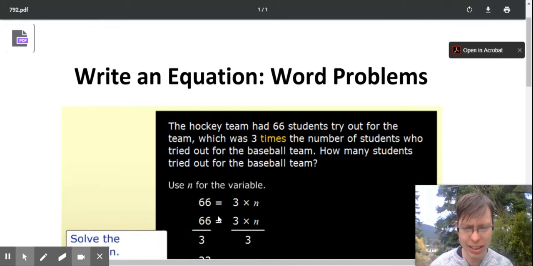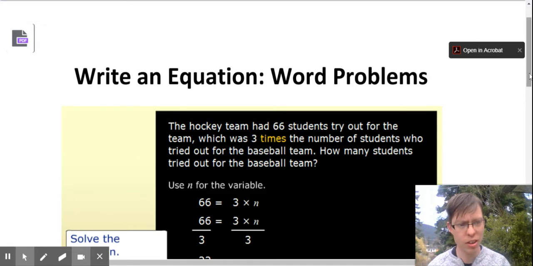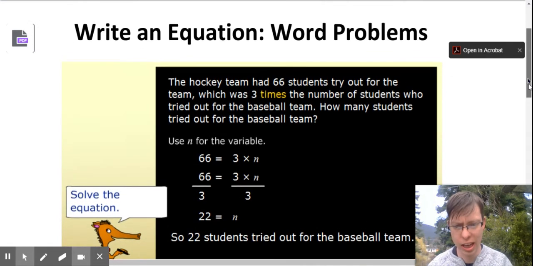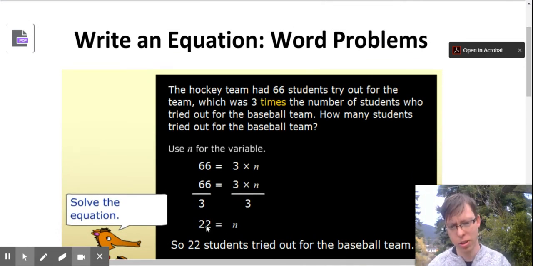What we're going to do now is divide both sides by 3 to get rid of that 3. So here, those two would cancel out. The times by 3 is canceled out by the divide by 3. So 66 divided by 3, that should give us n. So that equals 22. 66 divided by 3 is 22. 22 equals n.